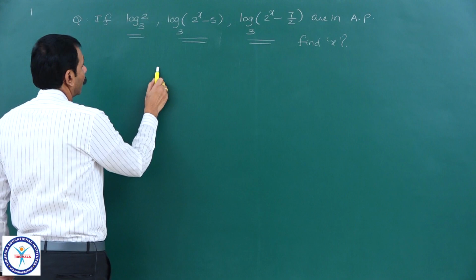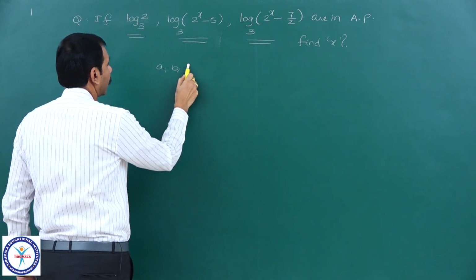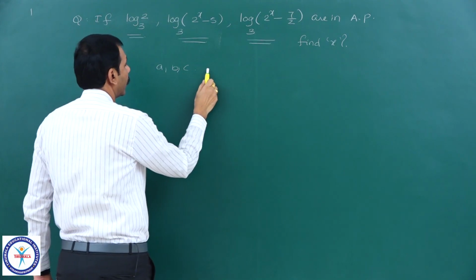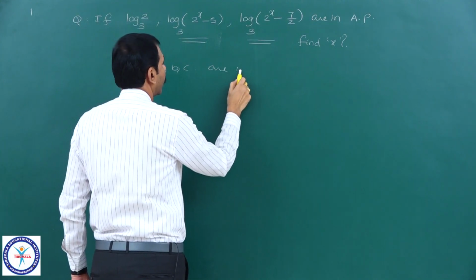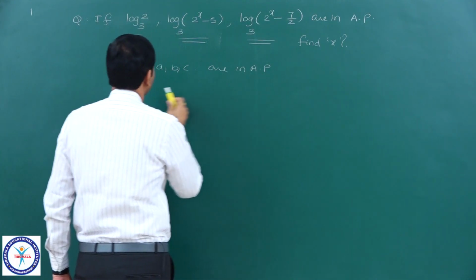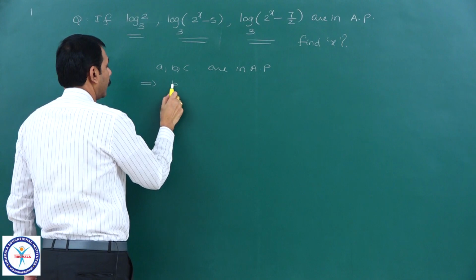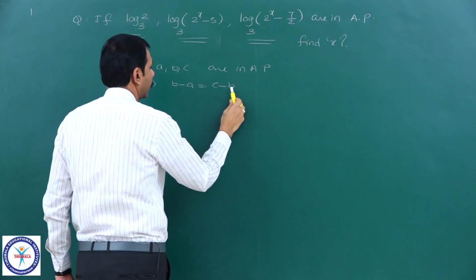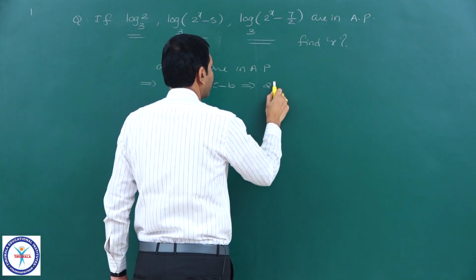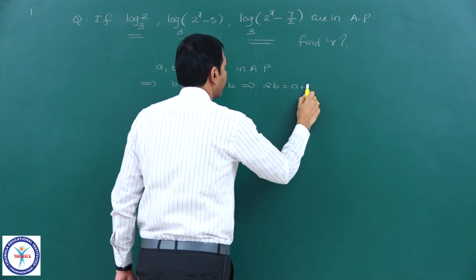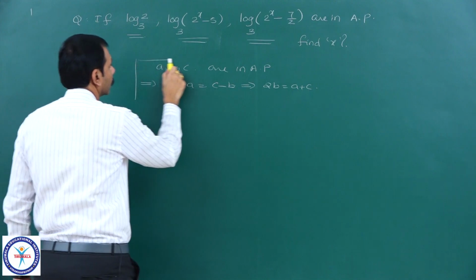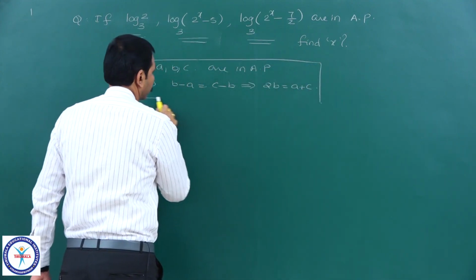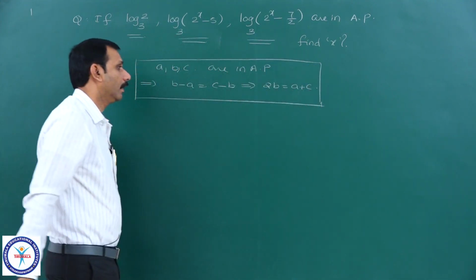Of course, you know that whenever three terms a, b, c are in AP, then second term minus first term is equal to third term minus second term, that implies 2b is equal to a plus c. You studied this in lower classes.